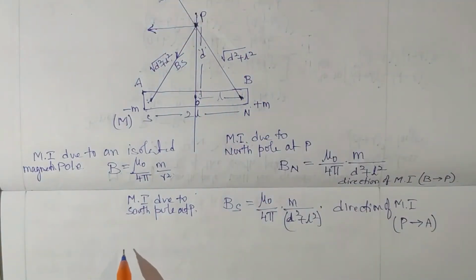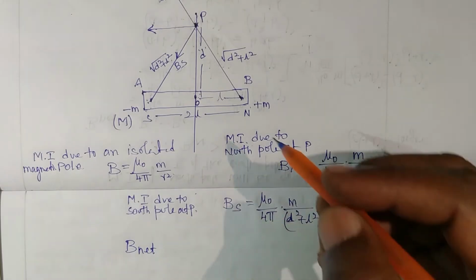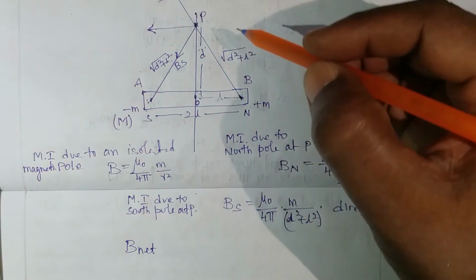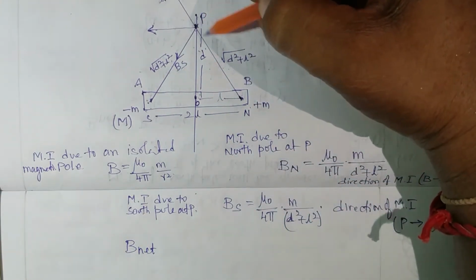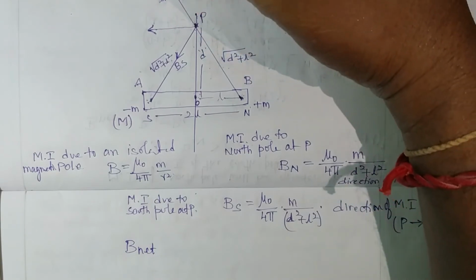Now to get the net magnetic induction, I will apply the concept of vectors. This is the direction of magnetic induction due to this north pole.